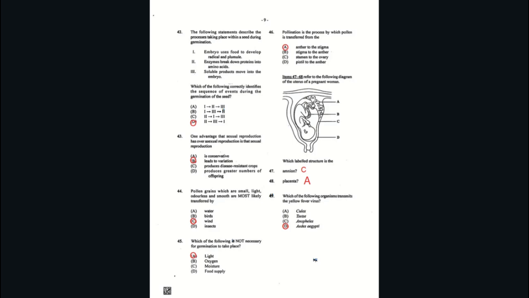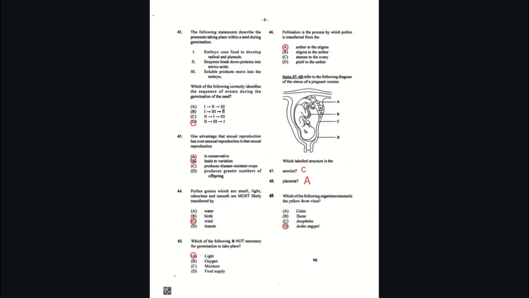Now let's move on to question number 43. One advantage that sexual reproduction has over asexual reproduction is that sexual reproduction B leads to variation.